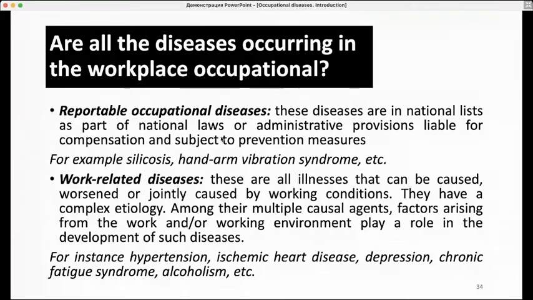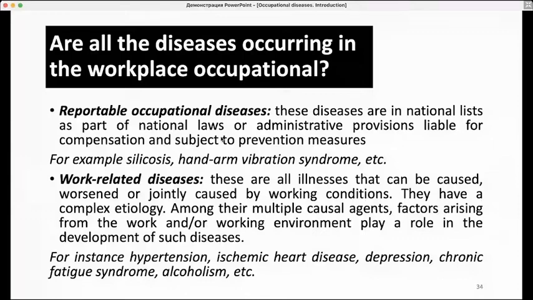Or alcoholism in doctors, for example. But there is no strong relation to the occupation reported. That's why for such a group of diseases, there is no compensation, there is no benefit for the employee.